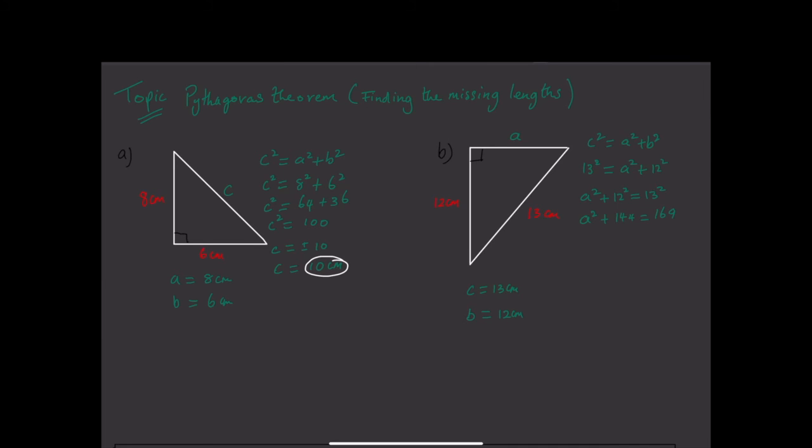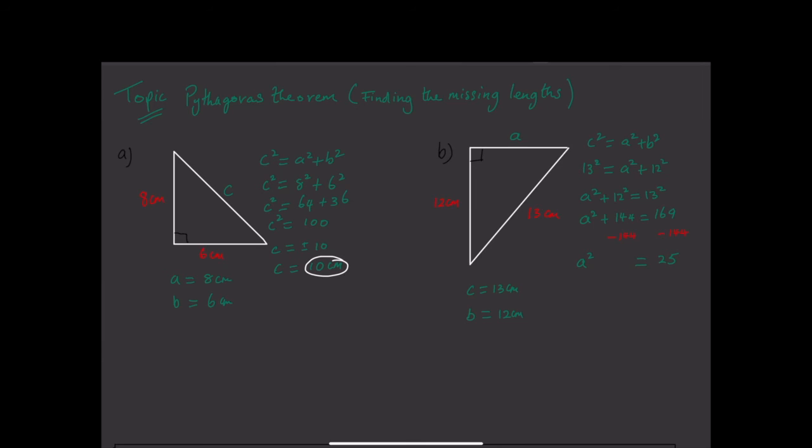Now we subtract 144 from both sides. So we get A squared is equal to 25.